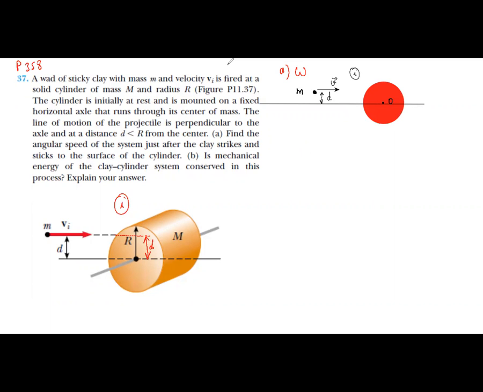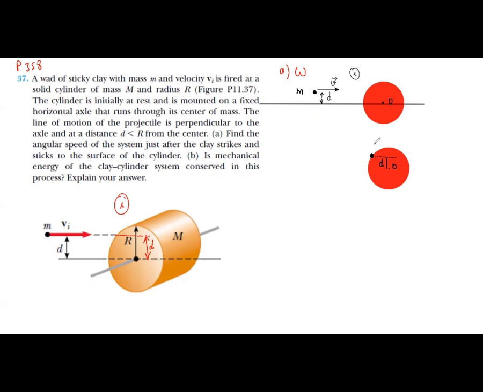And after the collision, we have the same system where the object will strike the cylinder at this point, which is at a distance equal to d from the center.